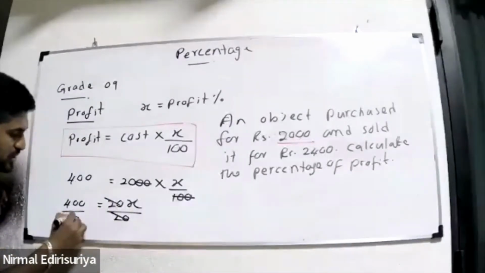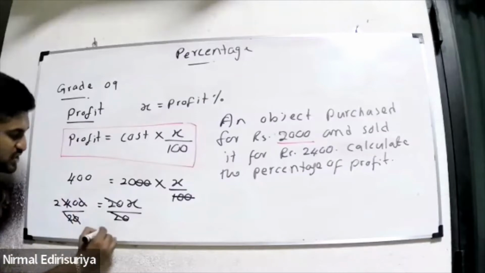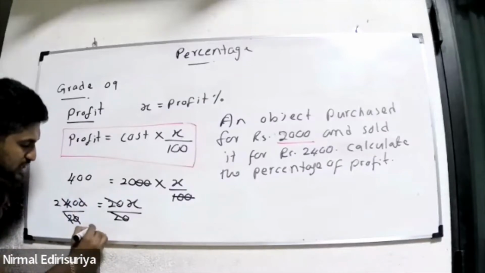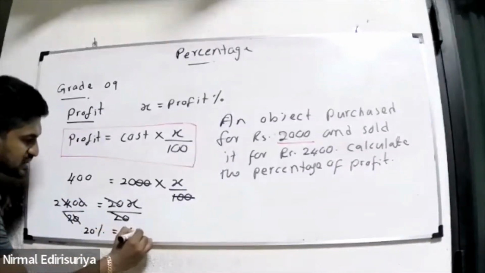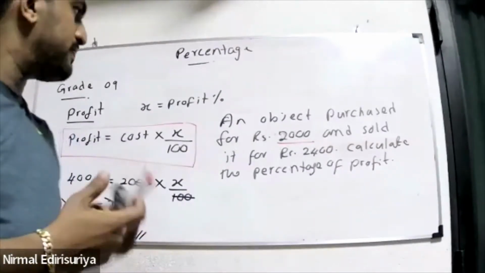It is giving you how much? Zeros cancel, 2 to 4 cancel 2. It is giving you x equals how much? 20%. Is there anyone here who didn't get this?